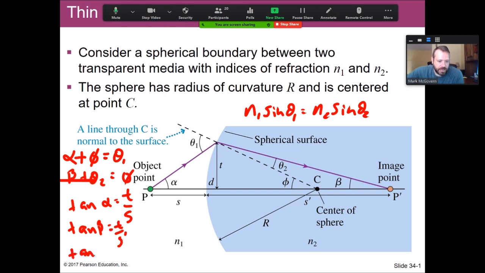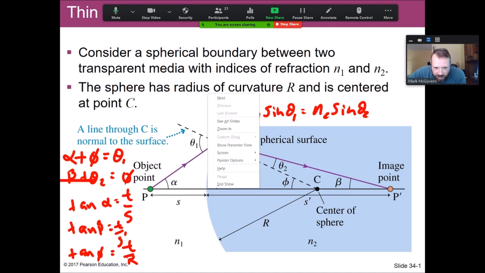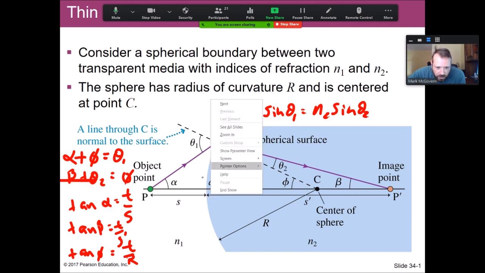And the tangent of phi is equal to t over r. Remember, what we do here is make a small angle approximation to help ourselves out, so we're assuming that we're not right up on these surfaces. When we do that, on our spherical surface we have this little delta here. That's what we called it before. We have a little delta going on here.